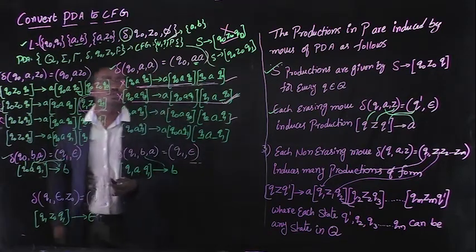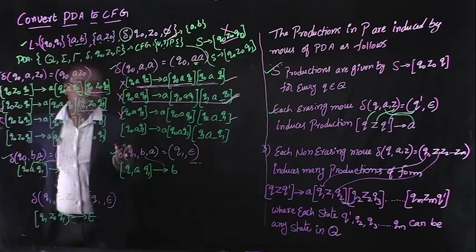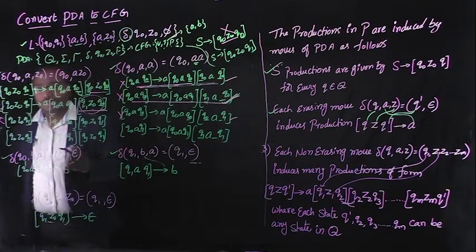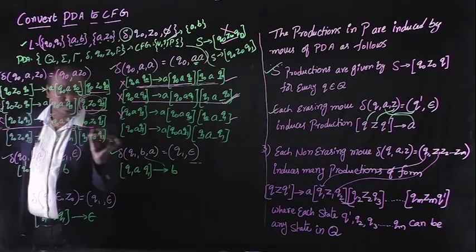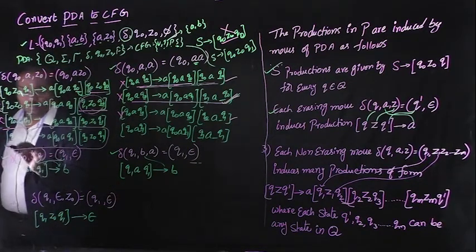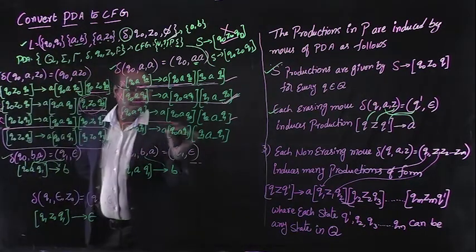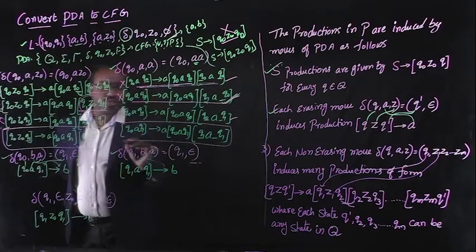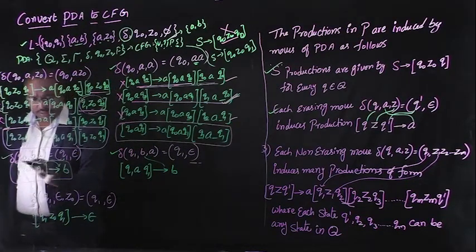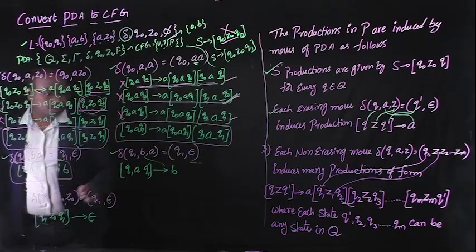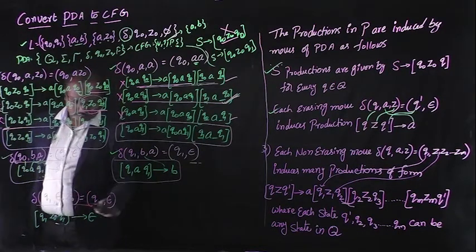After removing the useless and unreachable productions, and those that don't have any productions, the final productions are: this is one production rule, and this is one production rule, and this is the valid production rule, ends with terminal, and this is also one production rule, and this is one production rule.